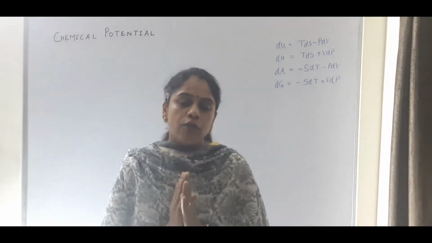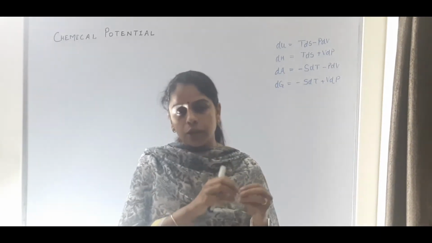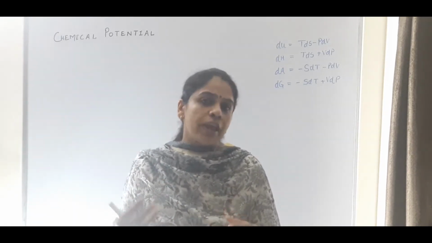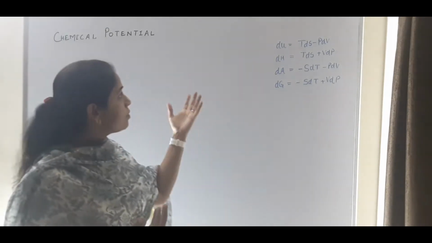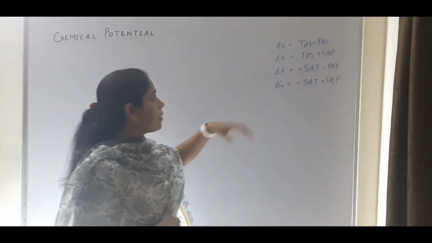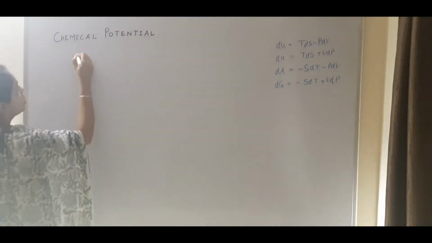Of course the energy of the system will change. So here we derive the relationship of chemical potential with energy. We have a number of energies: Gibbs free energy, Helmholtz free energy, enthalpy and internal energy. Let's first derive the relationship with mu i.